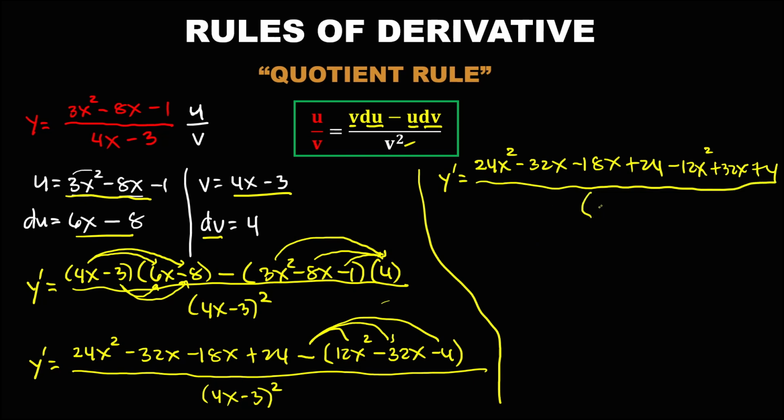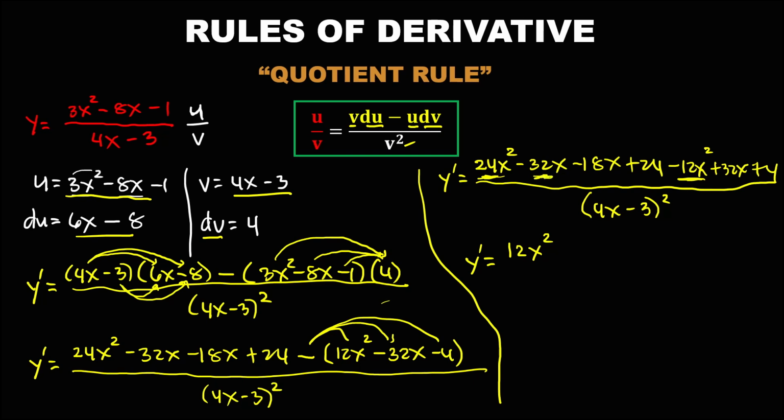So we have 4x minus 3 quantity to the power 2. Then this time, combine like terms. So we have positive 24x squared and negative 12x squared. 24 minus 12 is positive 12x to the power 2.